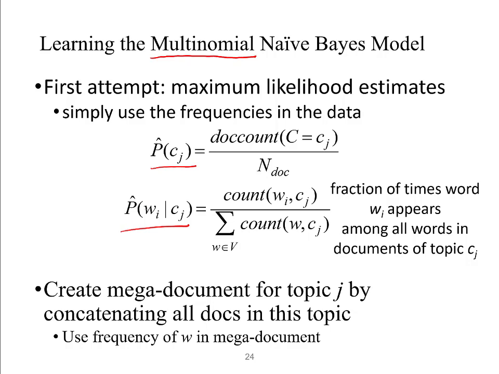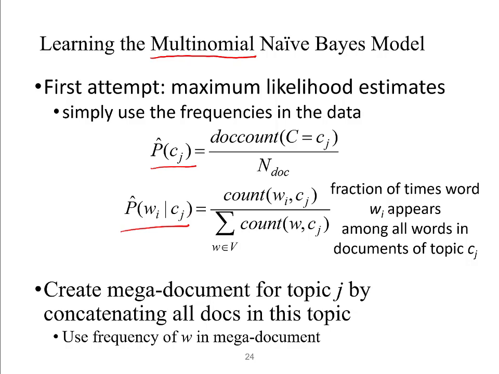But for the probability of WI given CJ, it should be the fraction of times that a word WI appears among all words in the documents of topic CJ. So it's count of WI within CJ divided by the sum of count of W in CJ, where W is in the vocabulary. It means that for all the documents labeled as CJ, what fraction of words is WI.